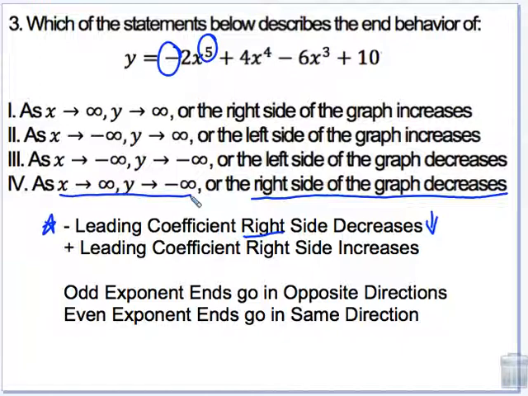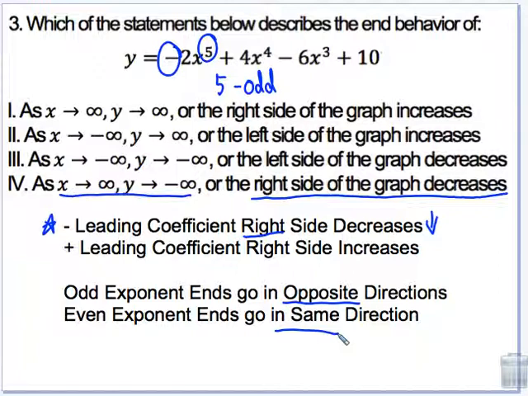And then because our degree is 5 and 5 is an odd number, then the end behaviors will go in opposite directions. So remember, if you have an odd exponent, your end behavior is going in opposite directions. If you have an even exponent, the end behavior, they're going to go in the same direction, okay?